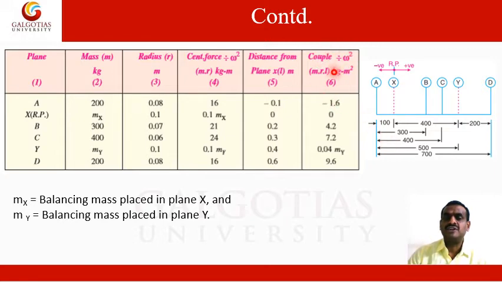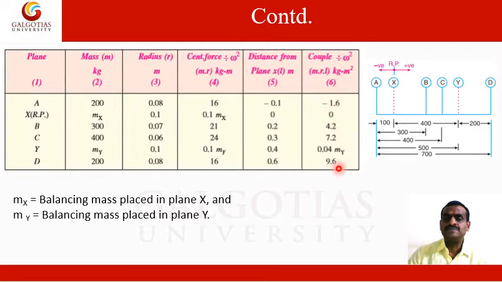Then we have to calculate the couple. The couple is calculated by multiplying the centrifugal force into the distance. The 16 into minus 0.1 will get minus 1.6. Similarly, we multiply the centrifugal force value with the distance to get the couple.